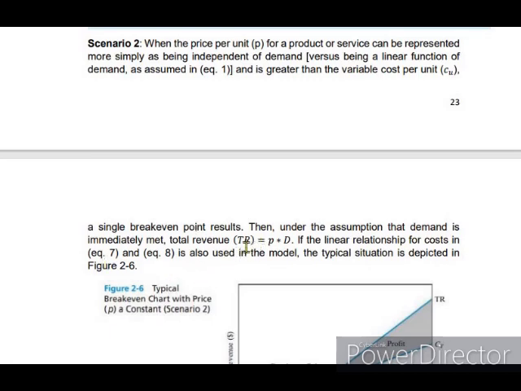Then, under the assumption that demand is immediately met, total revenue, or TR, is equal to P multiplied by D. If the linear relationship for cost in equation 7 and equation 8 is also used in the model, the typical situation is depicted in this figure.